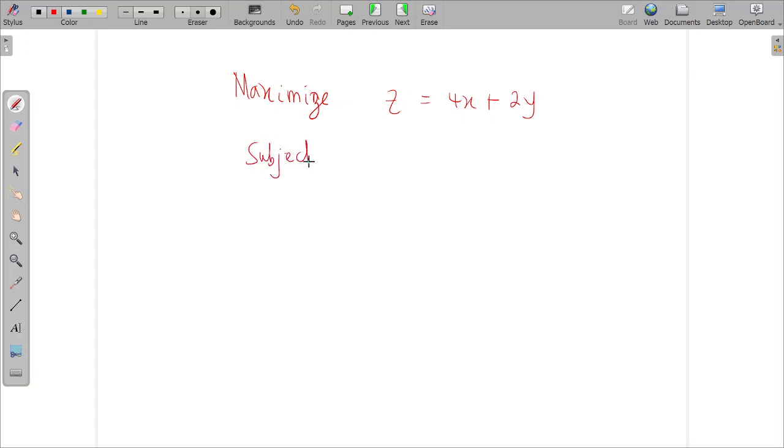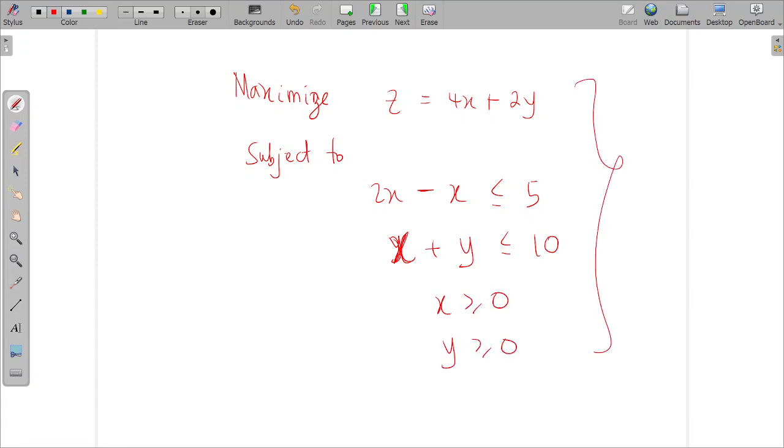Subject to 2x plus y less or equals to 5, x plus y less or equals to 10, x greater or equals to 0, y greater or equals to 0. So this is the linear programming formulation.